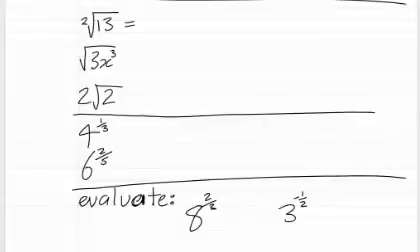We were looking at the square root of 13, and I was reminding us that the power of 13 there is 1 because there's nothing there, and the order of the root, since there was nothing there, is 2. 13 stays as our base number. The order of the root is the denominator, and the power of 13 is our numerator.